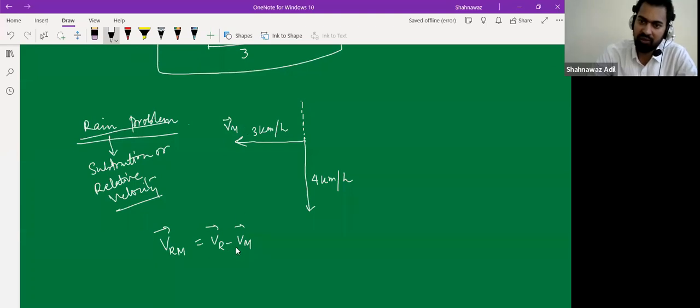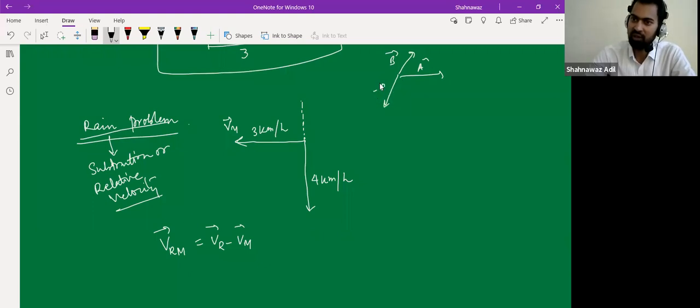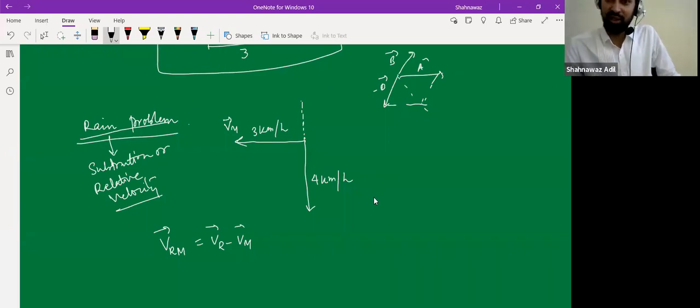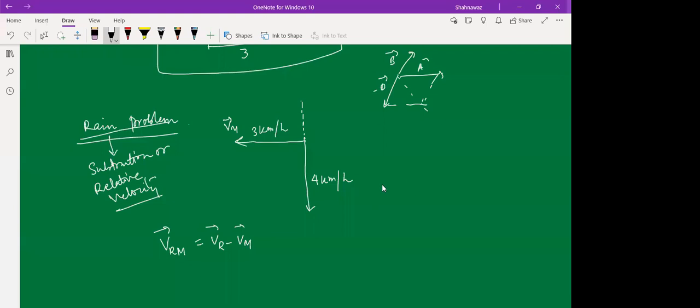So what will be minus VM? Remember, recall the subtraction of vectors. How do you subtract two vectors? So this was A and this was B. To calculate A minus B, we extended this B in the opposite direction, right? And then we calculated the resultant. Remember? Remember that? Yes, sir. So what we will do?